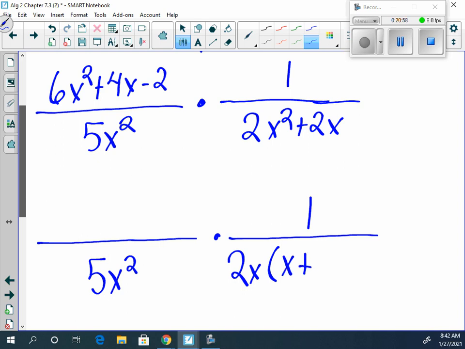Plus? So what is one of the parentheses and the other one going to be? Okay. Is there something in common with all three of those terms? 2, yes? So I can factor it out.